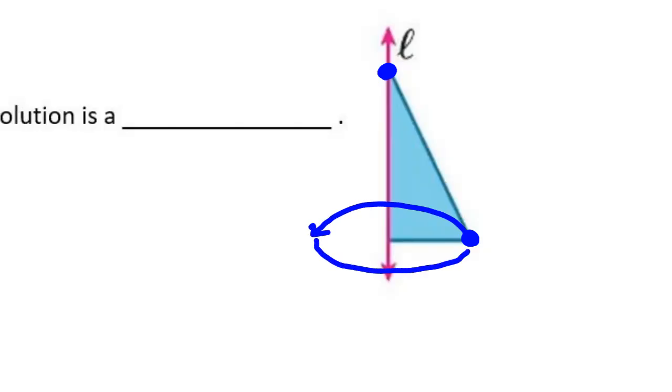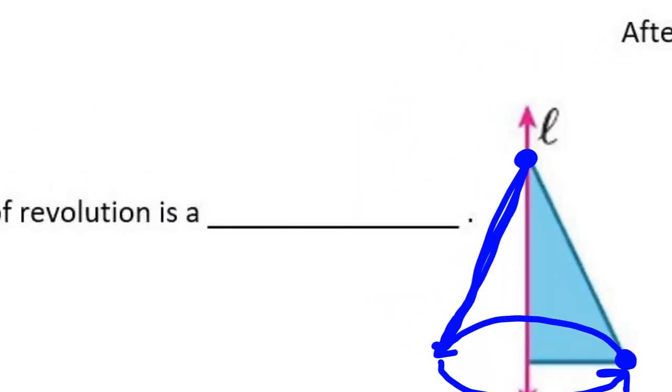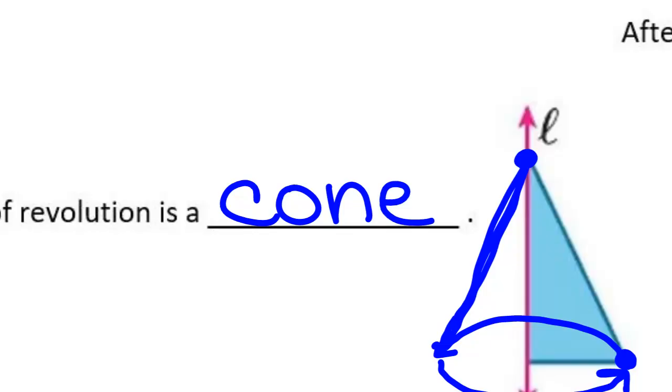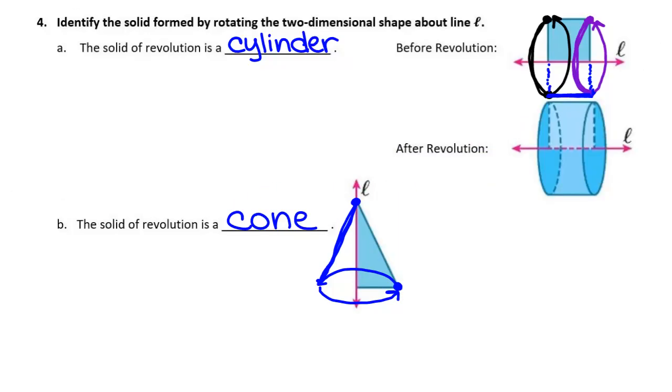And then it's going to go back to where it started from. This edge would make that rotation also. What kind of a shape would that make if I were to spin that really, really fast? What three-dimensional object would that be? A cone. It would make a cone.